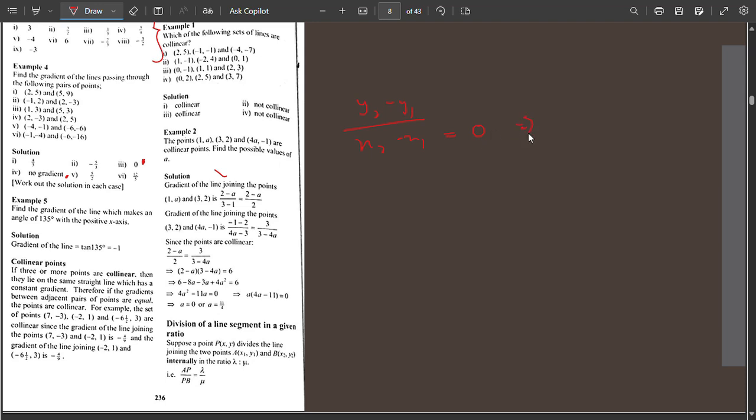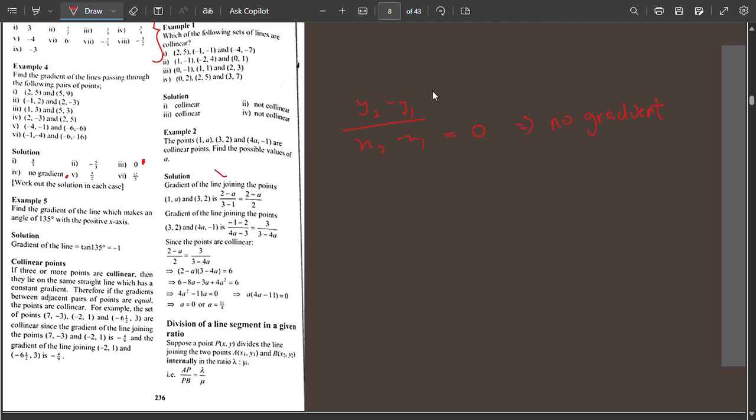In this case we will have no gradient. There is no gradient for such lines when the x values are the same and it makes the denominator 0.